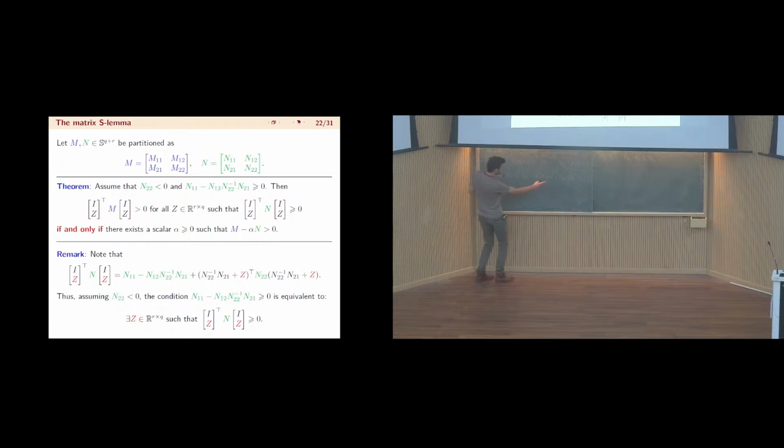Let's have a look at this formula. I know that I can express I over Z transpose N I over Z as this Schur complement plus this second term over here involving Z. We have assumed already that the Schur complement is positive semi-definite. So how can I now choose Z such that this whole thing is positive semi-definite? Because that would prove that this left-hand side is positive semi-definite.